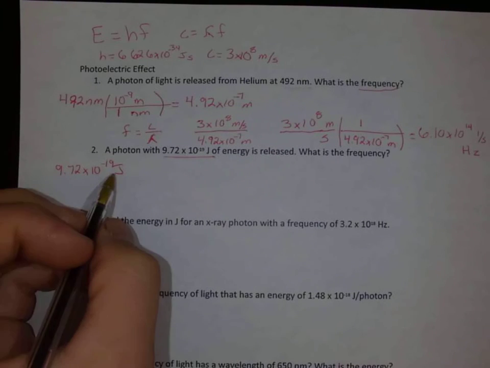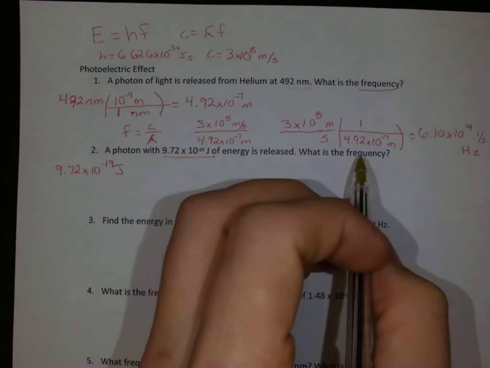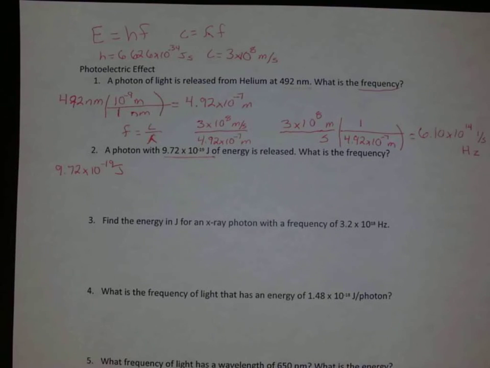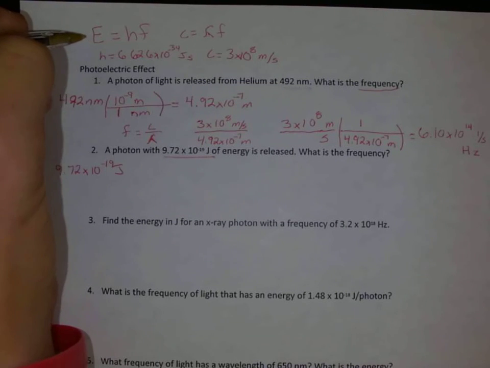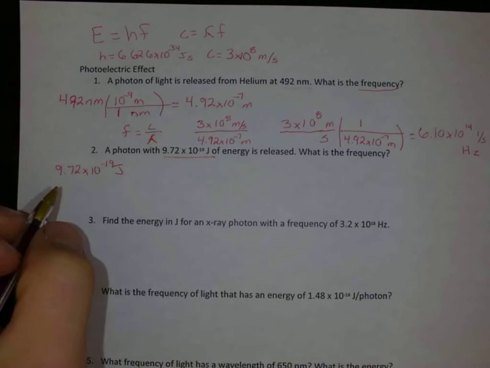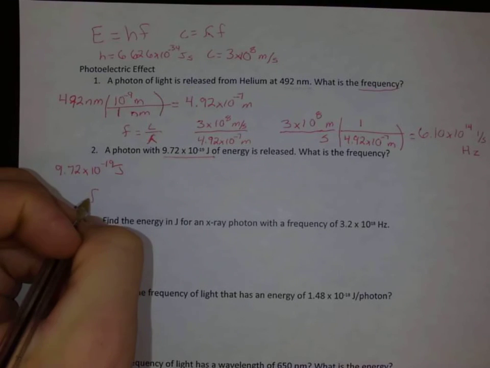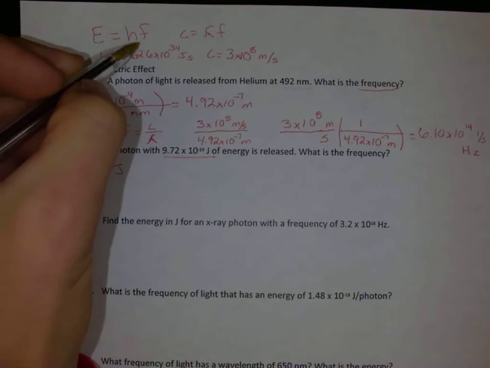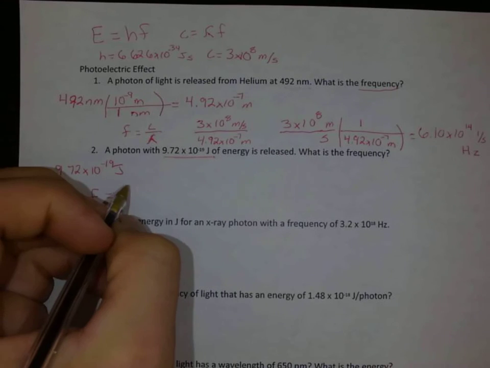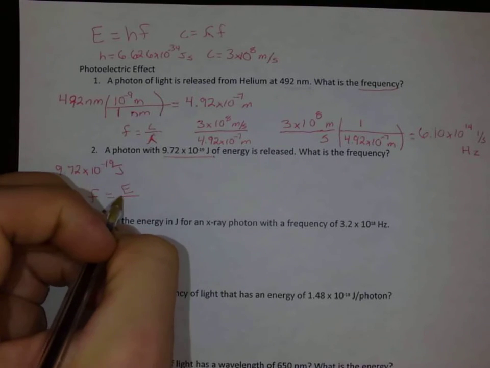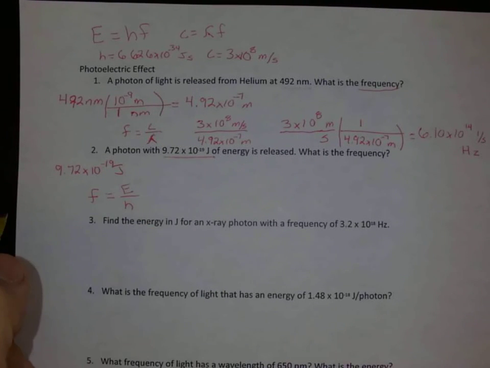So I know that I have this energy and I'm going to try and get to frequency. For me to do that, I'm going to have to use E equals hf. I need to get to frequency, so I need to rearrange my equation, but I can see that it's just E divided by h.